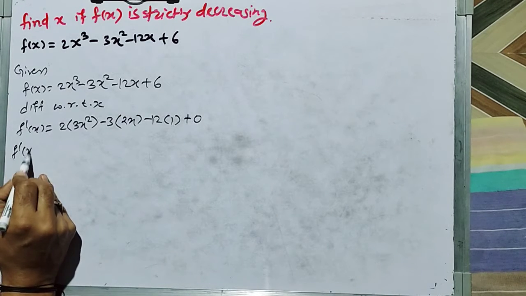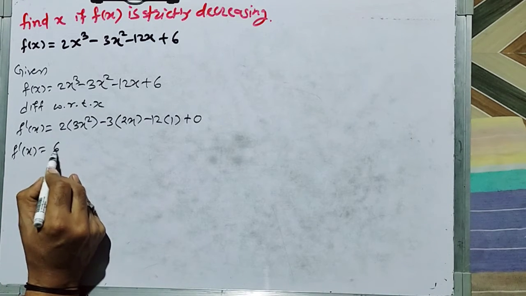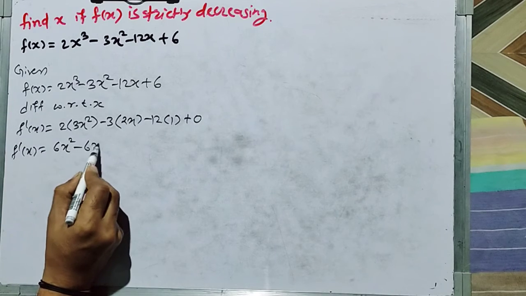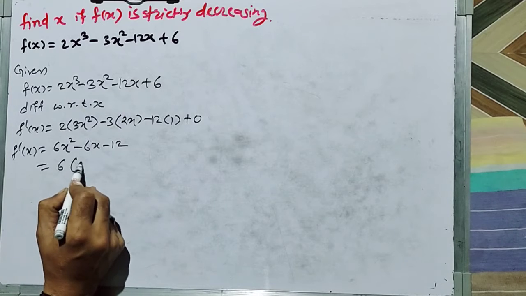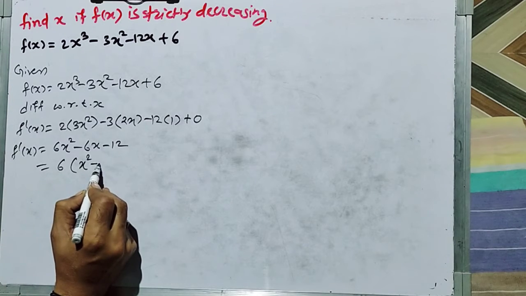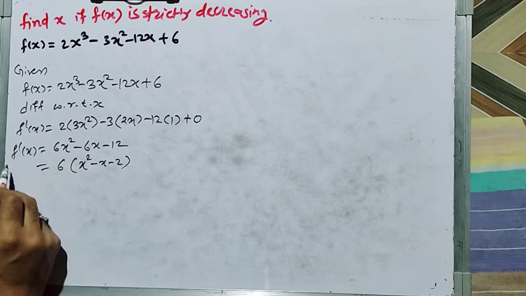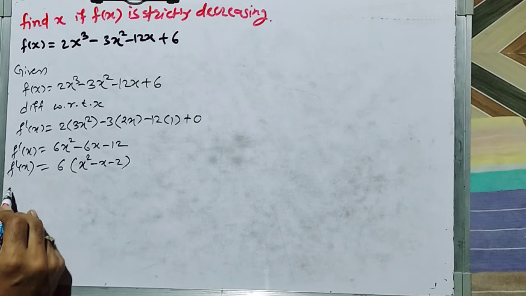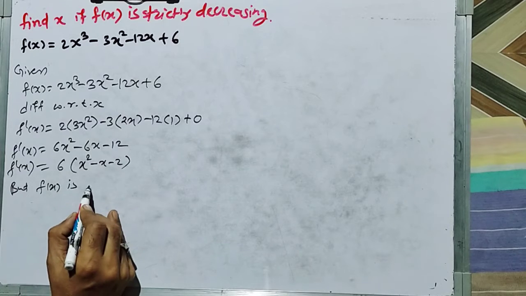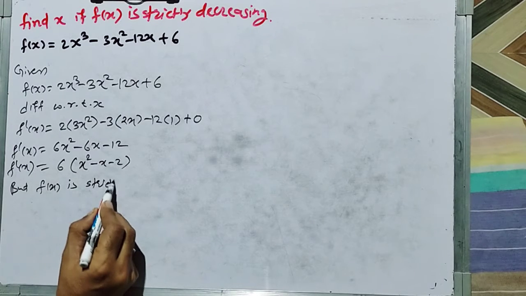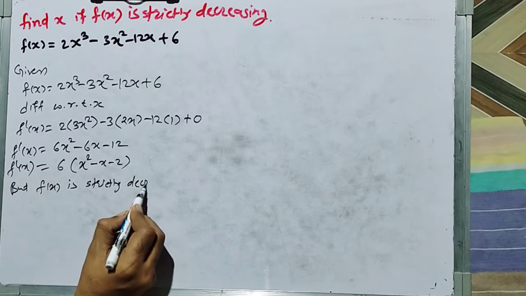So f'(x) = 6x² - 6x - 12. So take 6 common. It means x² - x - 2 is equal to f'(x). But f(x) is a strictly decreasing function.